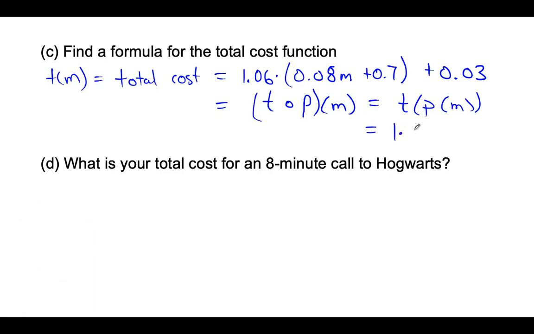Which is, again, just rewriting it. So this is really just the composite, because we have the tax of what the government charges. So first we have what the company charges, and then the government obviously charges you tax on that.